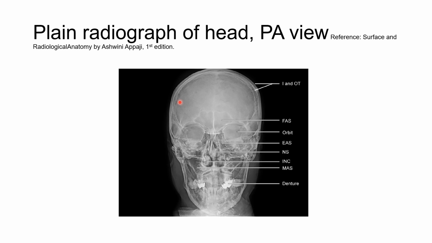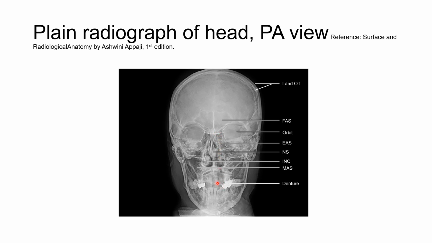Now here you can also see the frontal air sinus, marked with FAS. Then you see EAS, which is the ethmoidal air sinus.